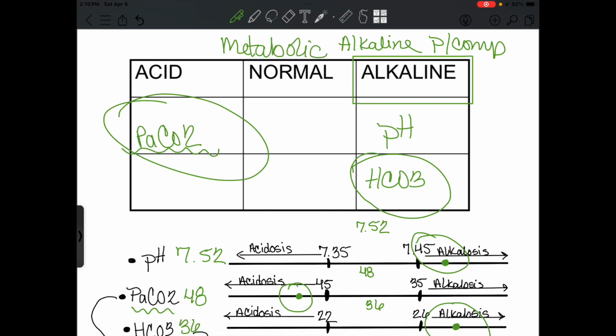So I've got metabolic alkalosis with partial compensation. Now remember, the partial compensation, where that comes in is, it has not brought my pH back to the normal value, but these lungs right here that are under the acid are kicking in and doing what they need to do to be able to get that pH back into the normal range again.